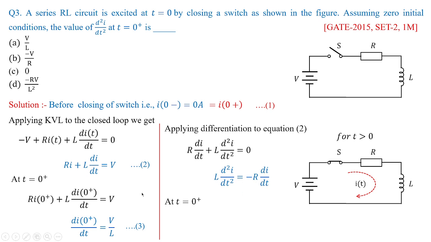Now at t equal to 0 plus, d square I by dt square will be equal to minus R by L di by dt of 0 plus. From equation 3, its value is V by L. So I substitute the value and get minus R by L multiplied with V by L. This changes to minus RV by L square, which is option D.